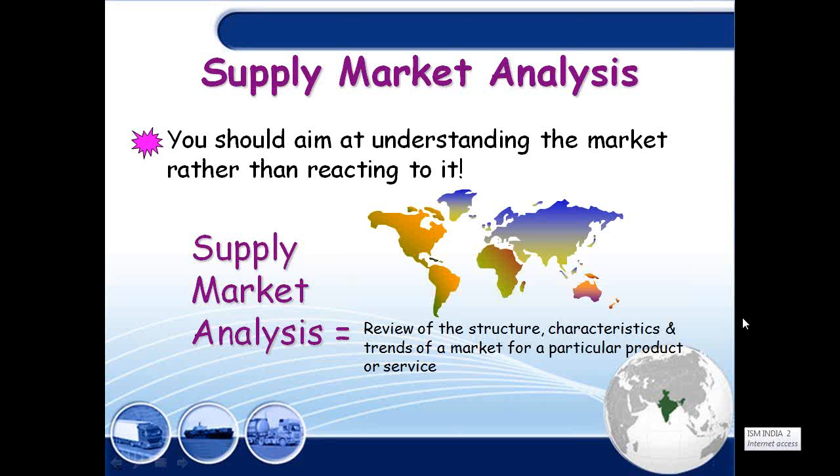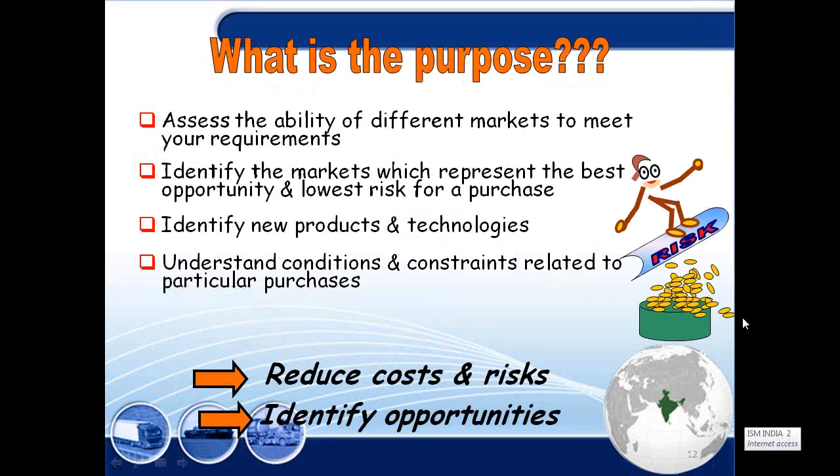Some suppliers are very difficult to deal with. Some buyers also may be difficult to deal with. Who fits where, I think that's what we need to do around. And trends of a market for a particular product or service. So what are the market trends around for a particular product or service, how to do it.